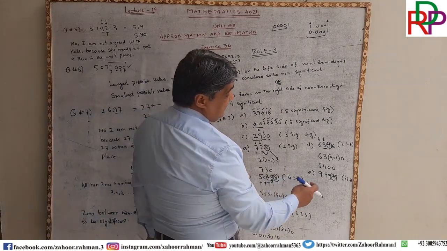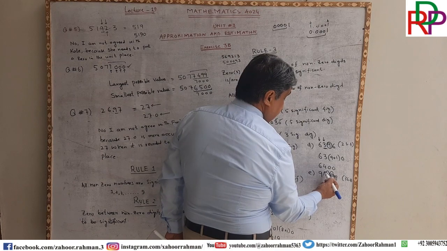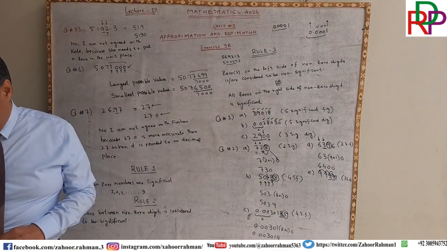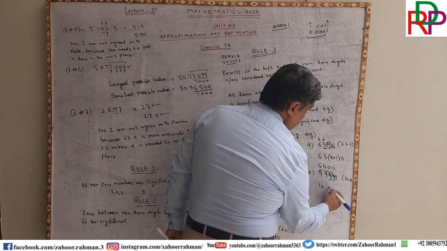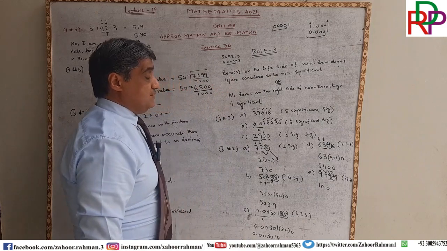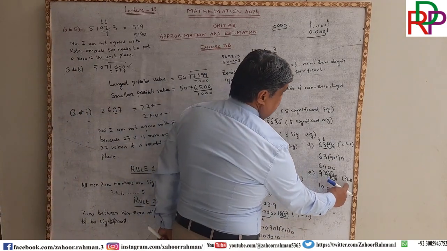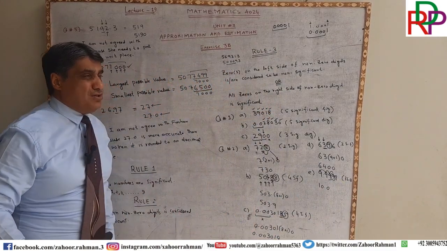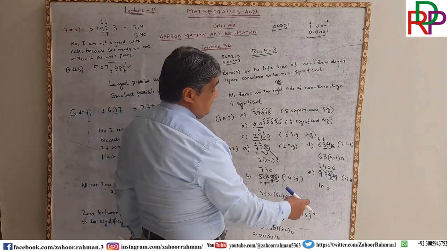So it means that this will give 1 to this, and this will give 1 to this, and this will give 1 to this. So it means that this will be equal to 10.0. We need 3 significant, 1, 2, 3. On the right side, all zeros are significant.